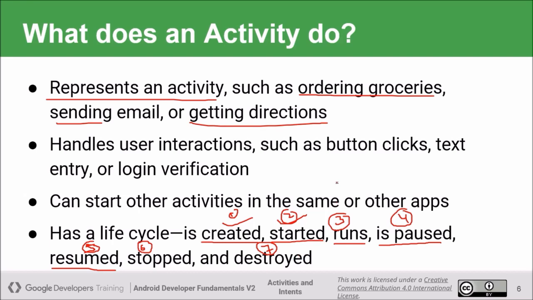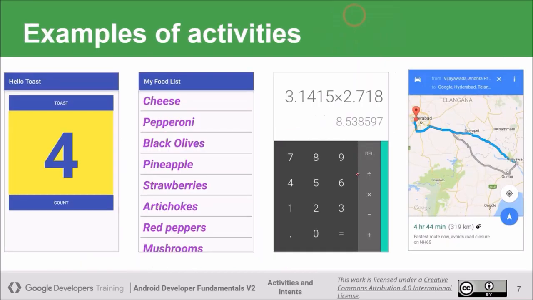So let's move on and see what other options are available. These are all examples of activities. The first one is the Hello Toast application. You have seen this screen multiple times. This is also an activity. It is showing the food list, grocery items, and this is the calculator screen, and this is Google Maps APIs.